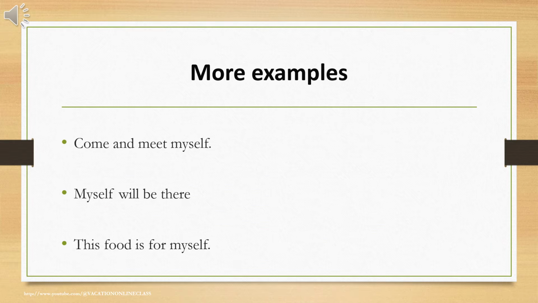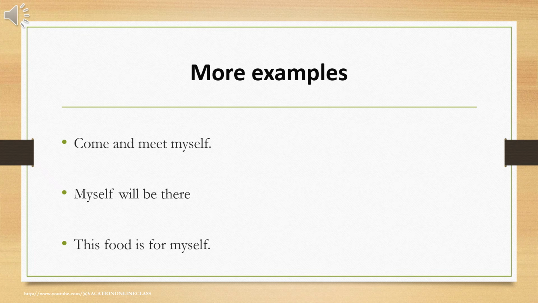Some more examples. 1. Come and meet myself. The subject of the sentence is not I, so myself will not reflect to the subject, and therefore myself cannot be there. 2. Myself will be there. Myself is supposed to reflect to a subject.